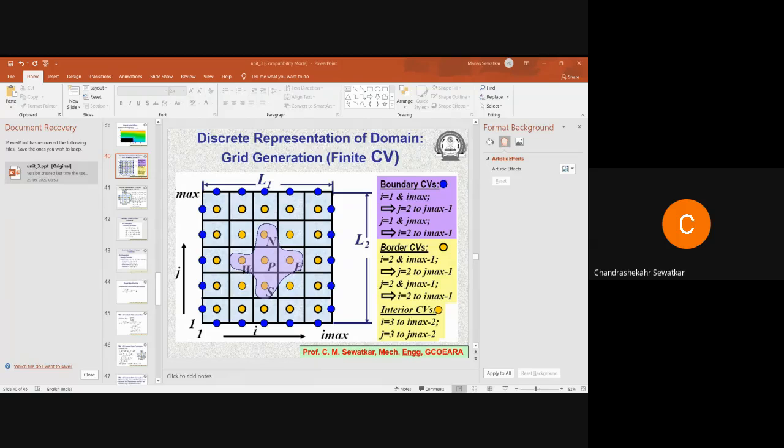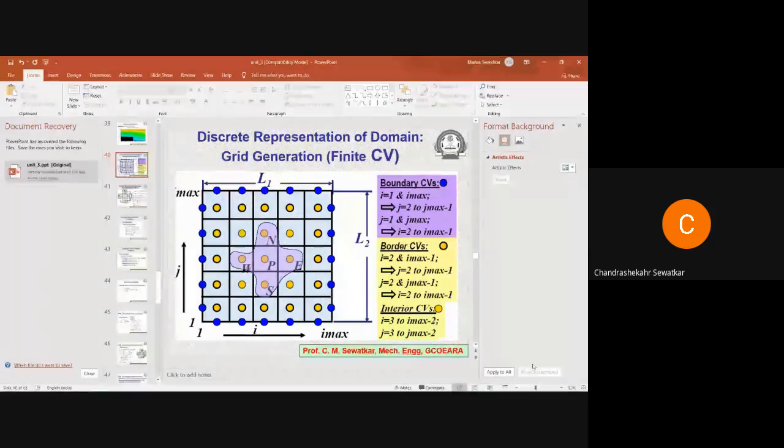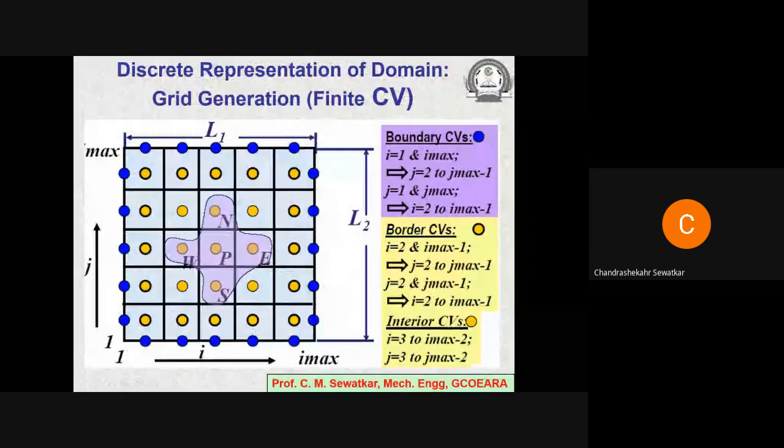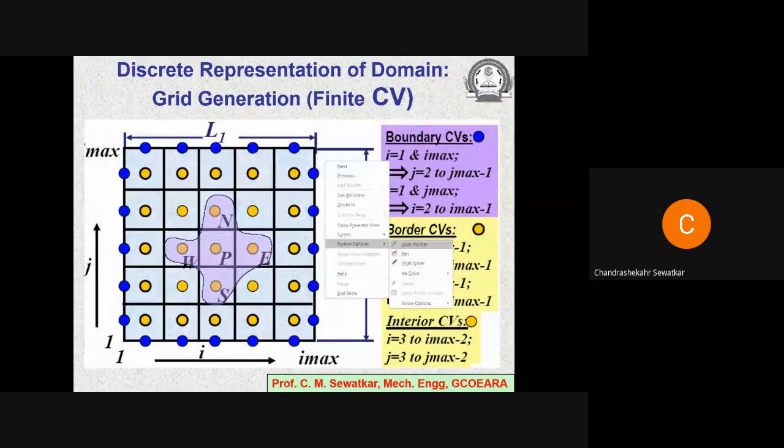I will have 25 unknowns. It's not possible to go beyond 25 because I want to calculate the temperature at 25 points. I will have 25 unknowns only.